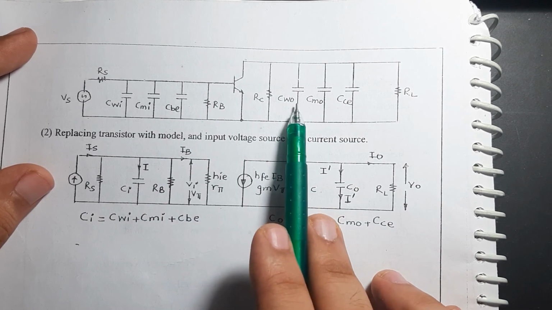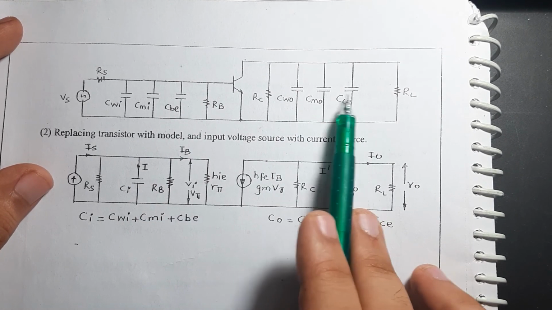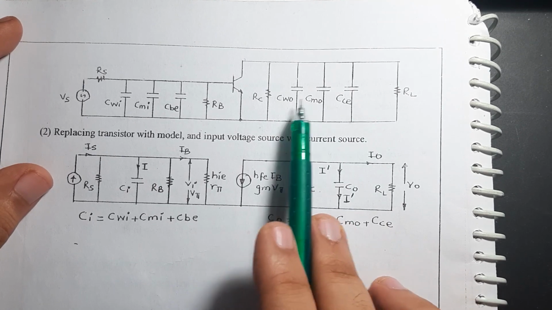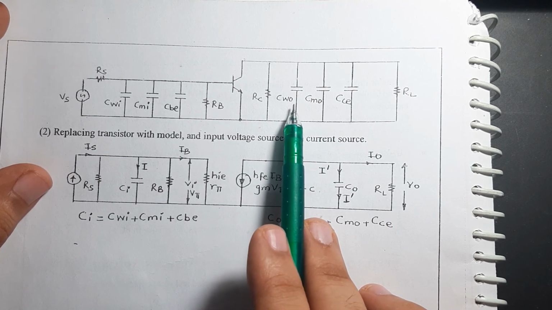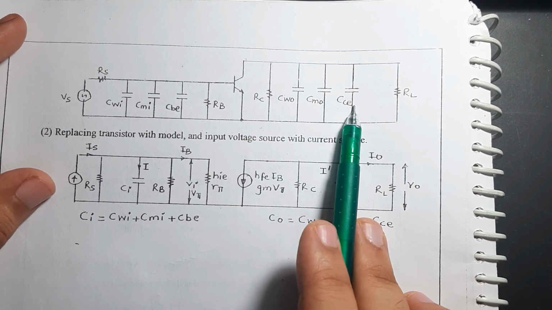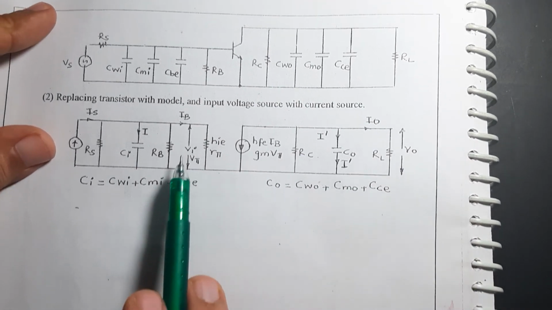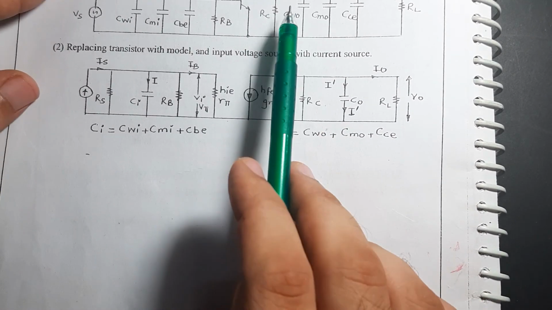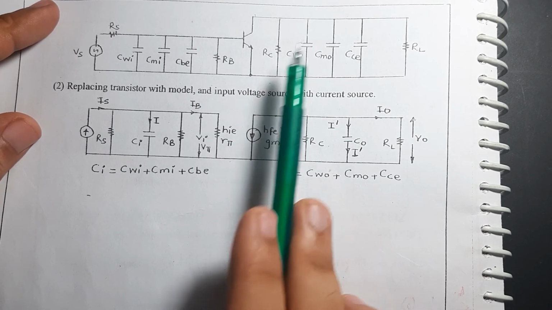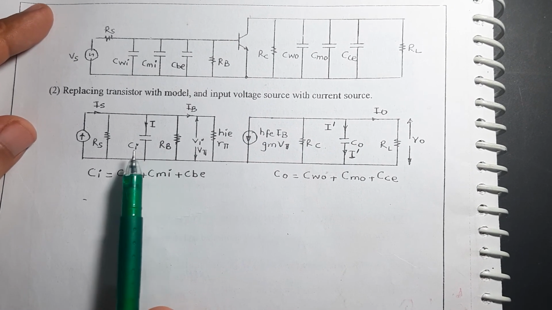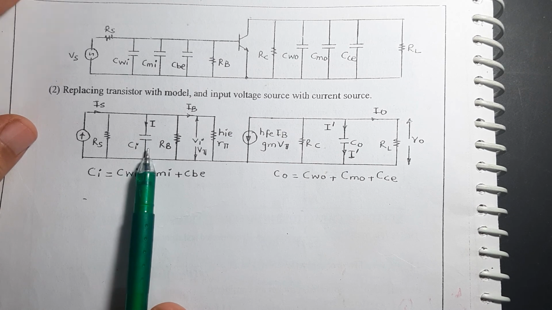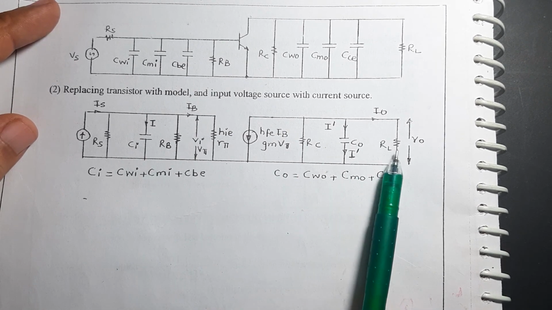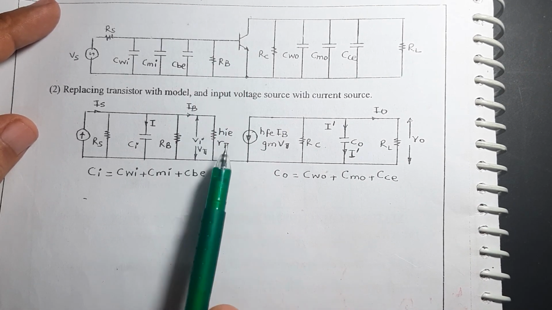Similarly I can have a single output capacitance named CO, which is the addition of CWO plus CMO plus CCE. So after replacing these capacitances by a single capacitance, the diagram is reduced to this format, and your BJT is replaced by a model.